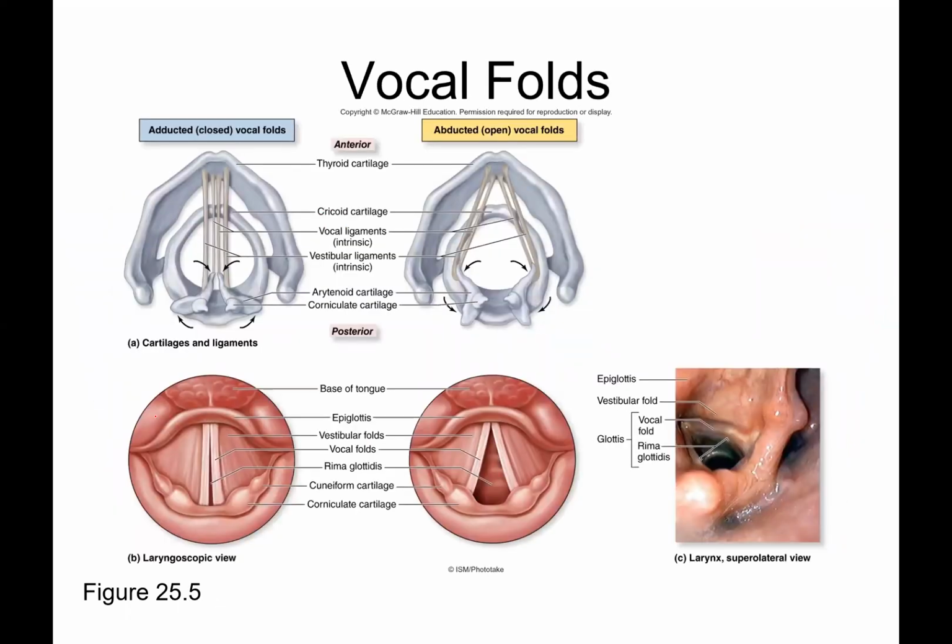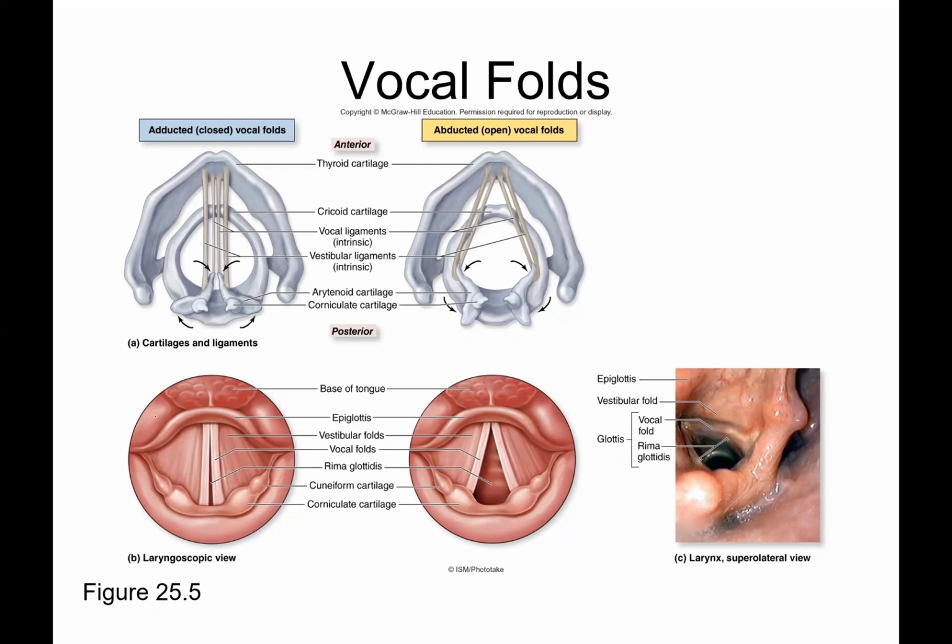Okay, the vocal cords. So once you go into the mouth, let's say you've got a scope, you're going into the mouth, going down behind, back on the posterior side of the tongue. Now you're getting into that trachea area.